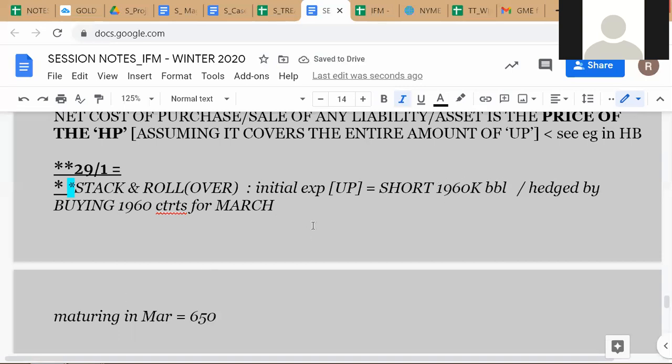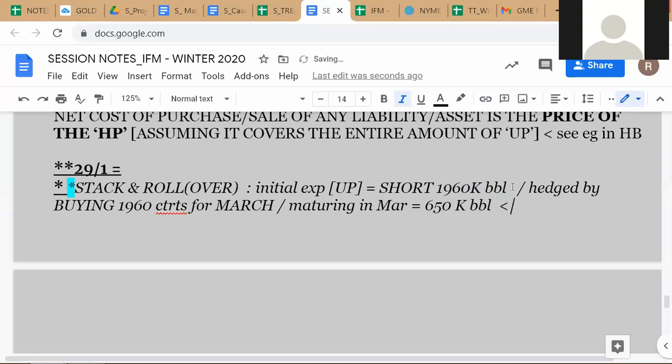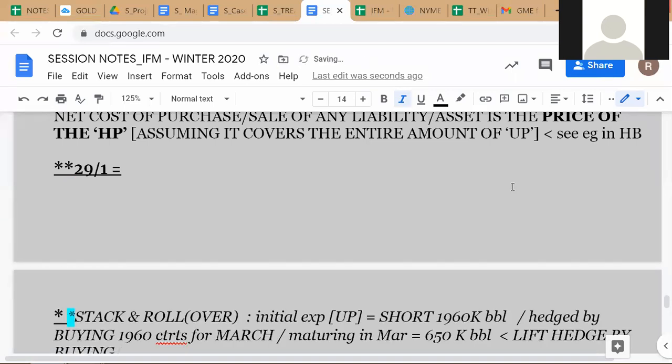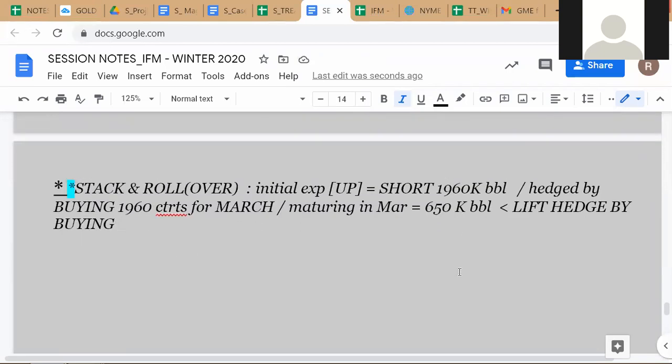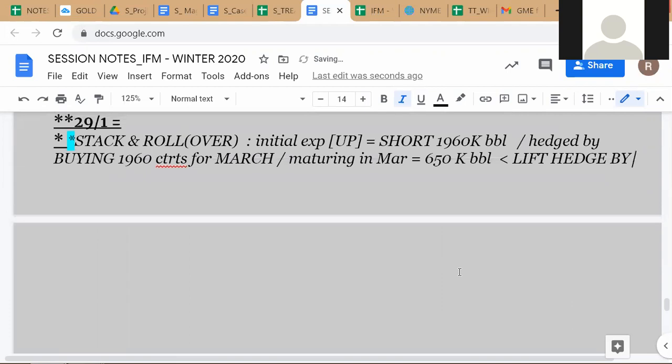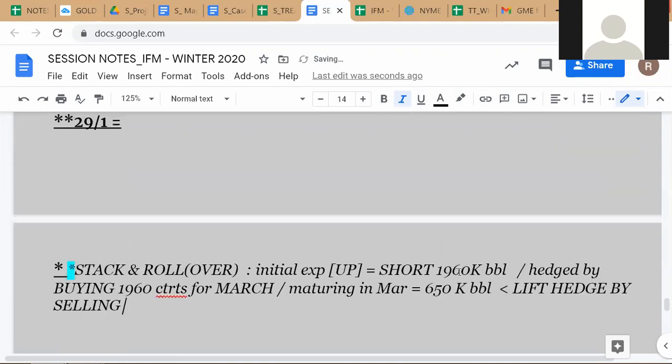Now, maturing in March is 650K barrels. Lift hedge. Lift means square the hedge.